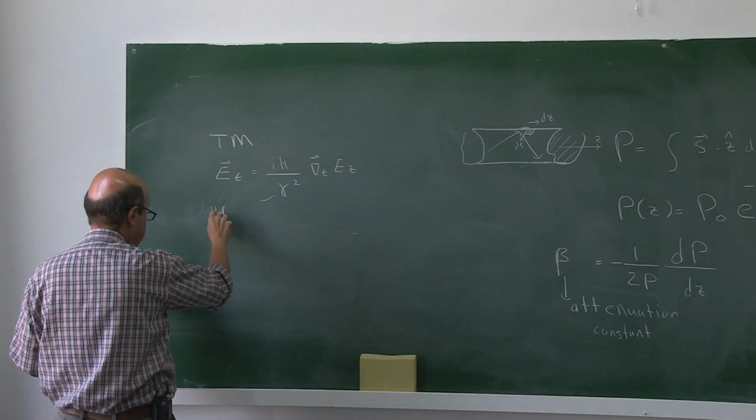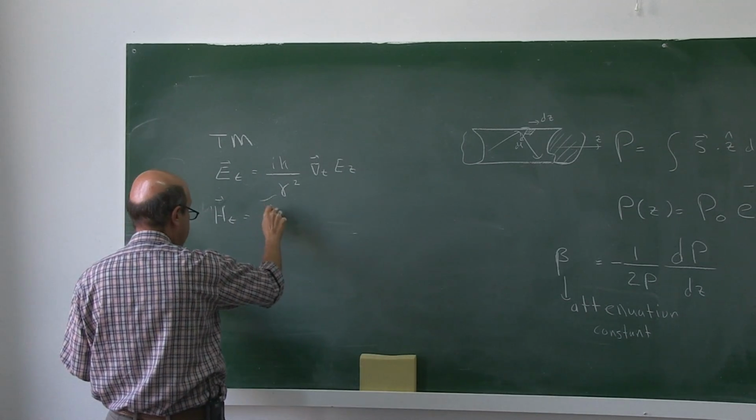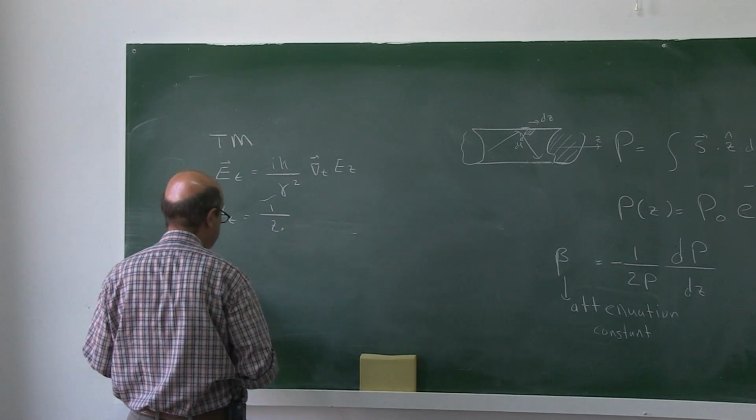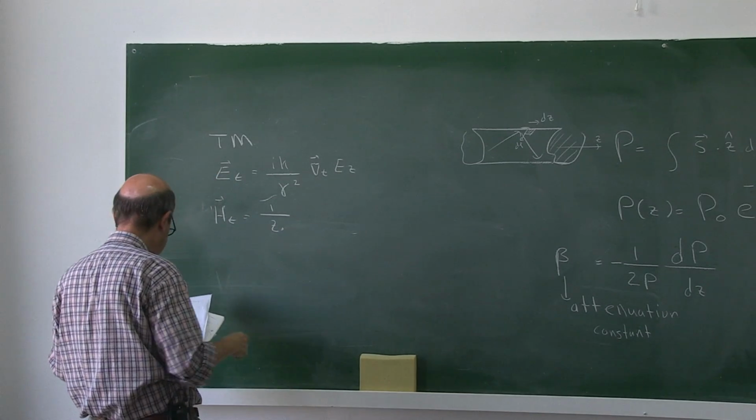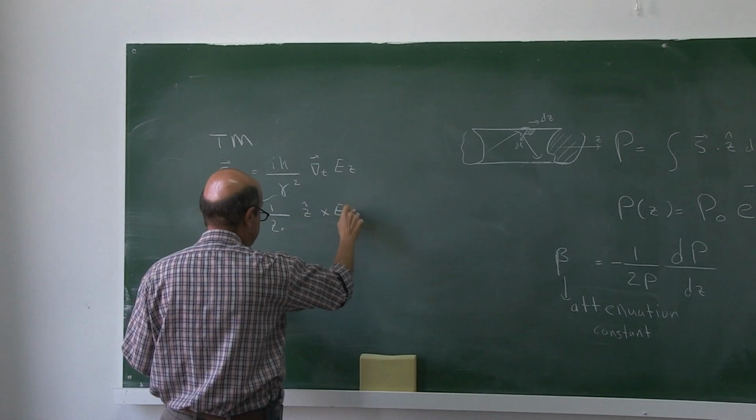H transverse could be obtained as a ratio of the impedance of the waveguide times Z cross E transverse.